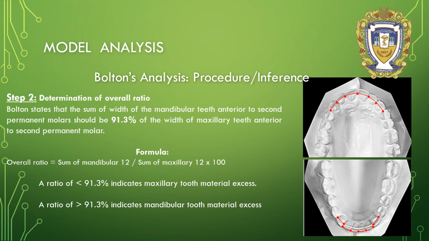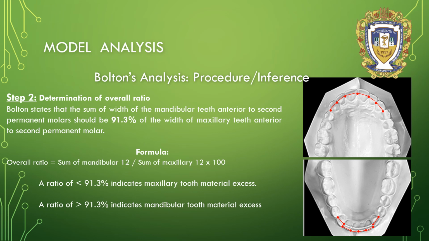And Bolton proposed a formula. Overall ratio is sum of mandibular 12 teeth to sum of maxillary 12 teeth multiplied into 100.